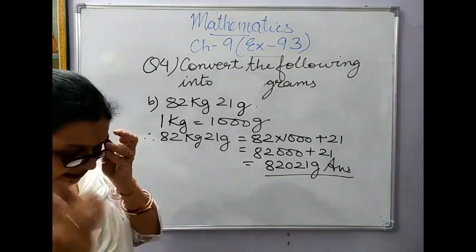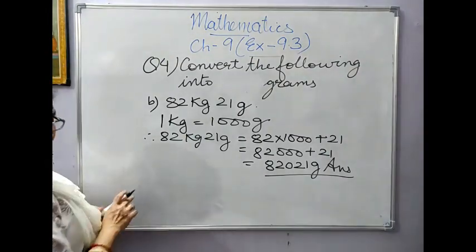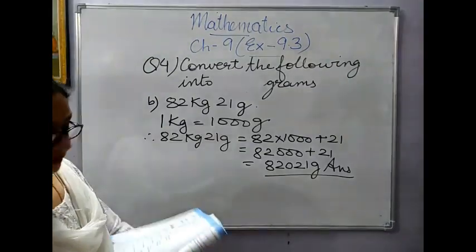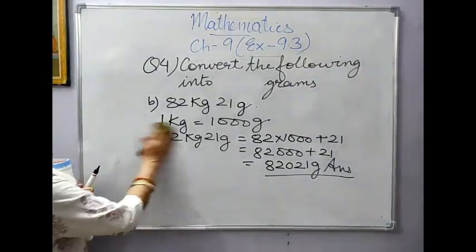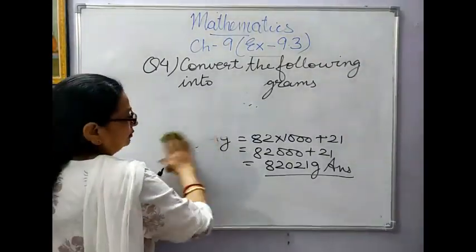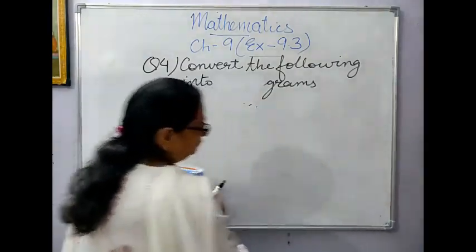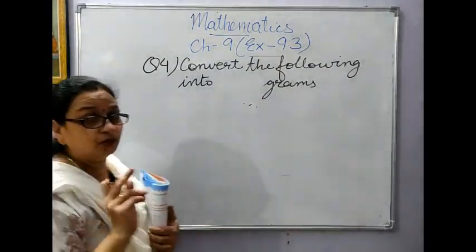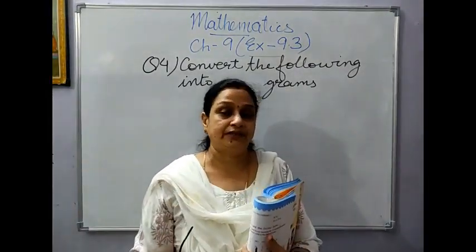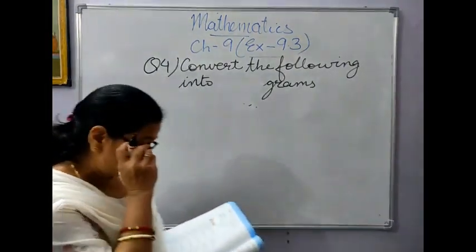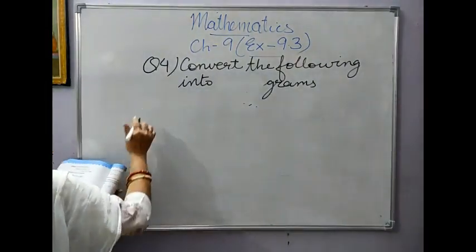Then the next sum is we will be doing in the same way. Don't forget to write units in all the sums. Without the unit, it is useless. You will lose the marks.